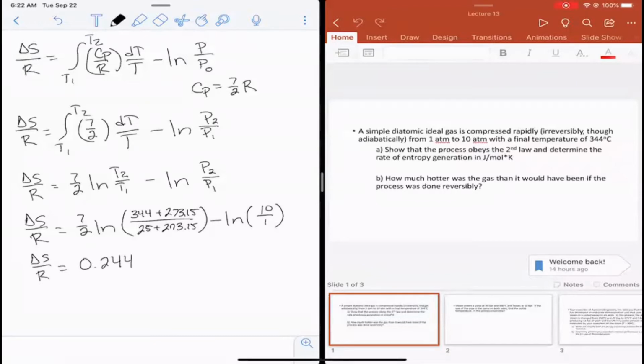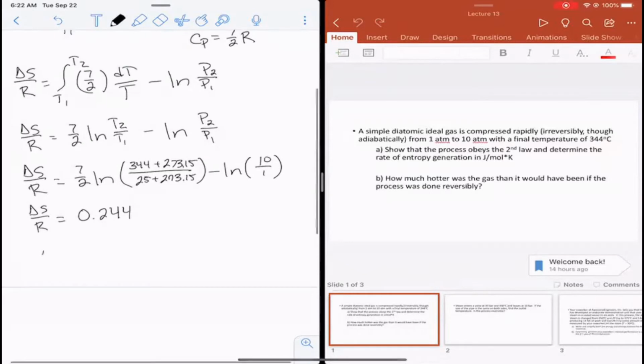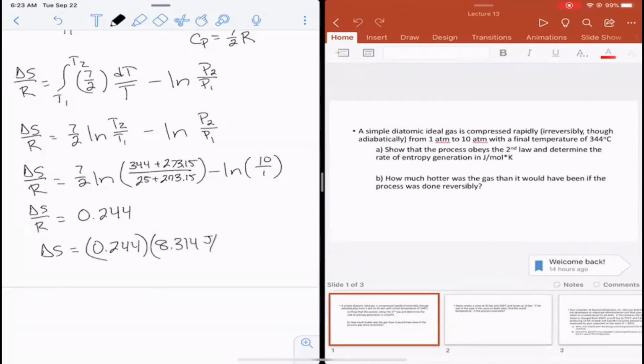And you would expect this number to be dimensionless because entropy has the same units as R, and this allows us to manipulate the units any way that we want. And so then delta S equals R times 0.244, so 0.244 times our chosen units, and we're asked in joules per mole Kelvin. So this is 8.314 joules per mole Kelvin.